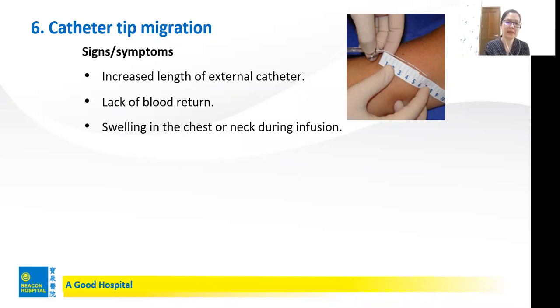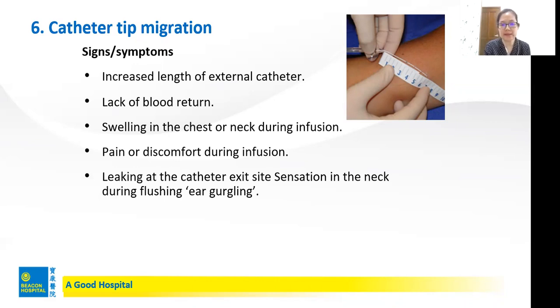Swelling in the chest or neck during infusion. This could be that the tip is no longer in the central vein, but in some other part of the vein. The patient might complain of pain or discomfort during infusion.